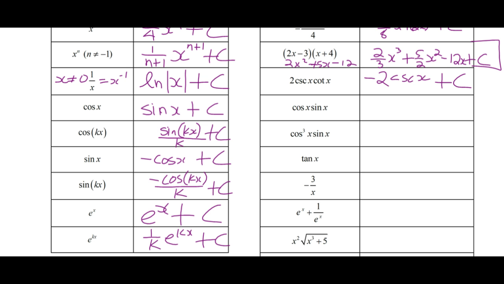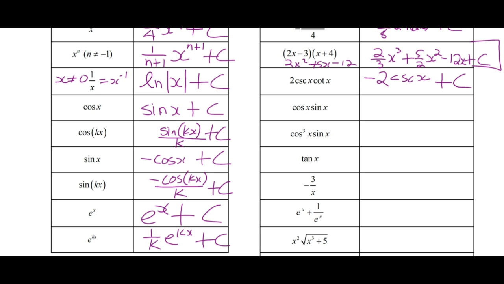All right, cos x sine x. Is there any function that equals that? I don't think so. If we had an internal function, it's kind of chain rule-ish. I don't want to do product rule. No, think of chain rule, right? I need a derivative that's going to give me a cos and a sine.